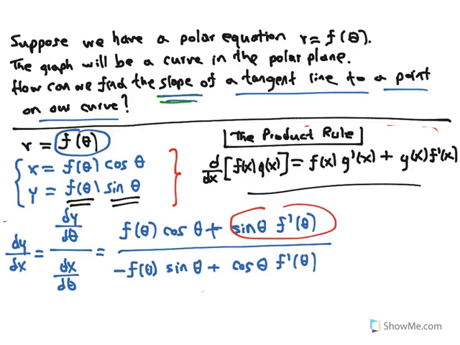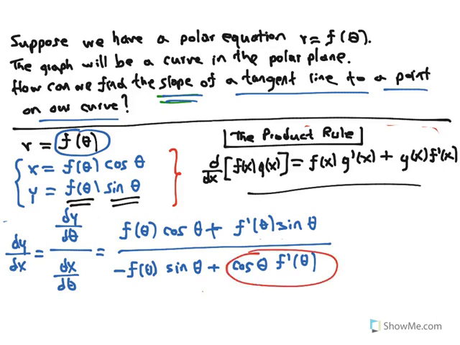And of course here you can certainly switch the order of the factors and write f prime of theta first. So you'll have f prime of theta times sine theta, and in the denominator you can do the same. You can switch the order of the factors and write f prime of theta first.